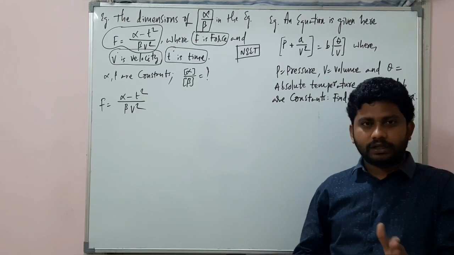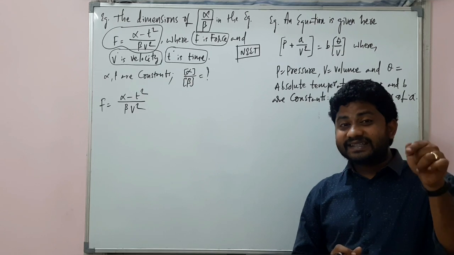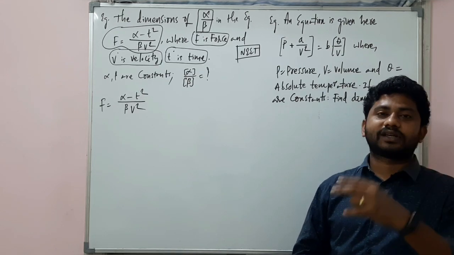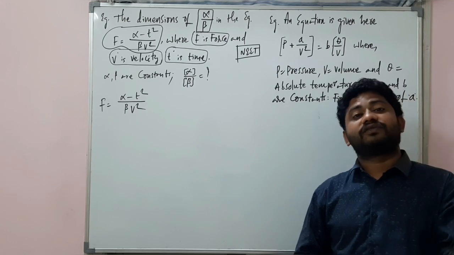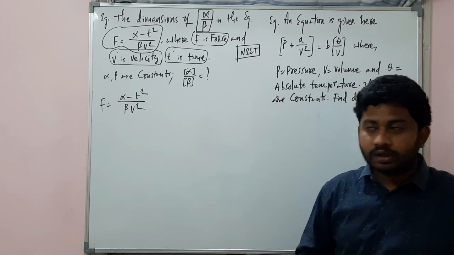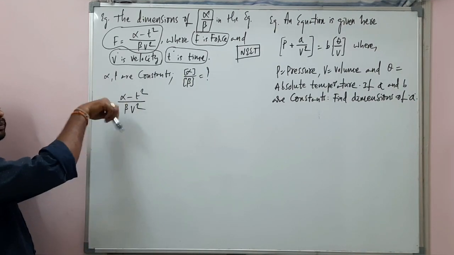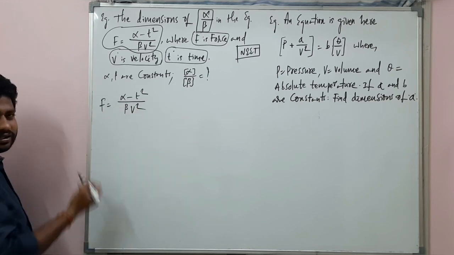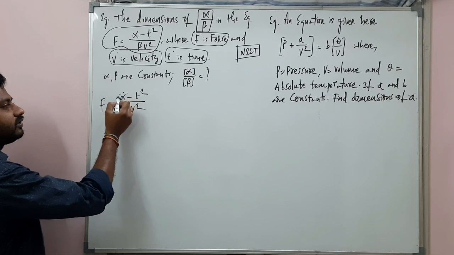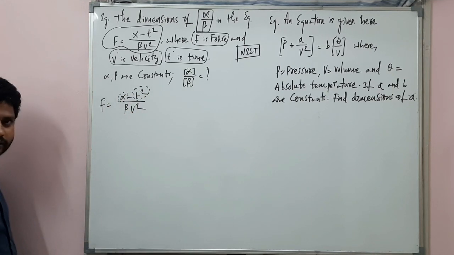Understand? Now, where is the addition going on here between any two quantities? There's no addition, but there is a subtraction going on between these two quantities. One is alpha and another one is t square.